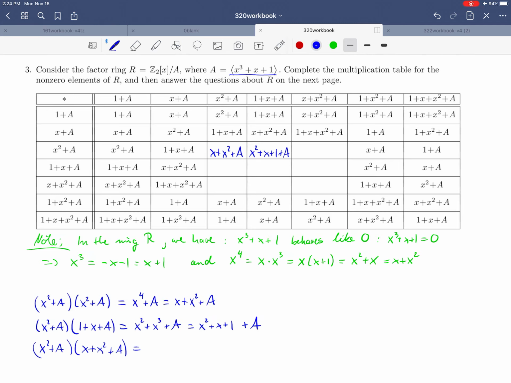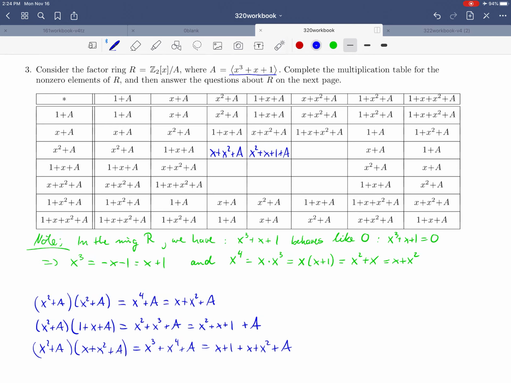So what if we take x squared plus a times x plus x squared plus a? That gives us an x cubed plus an x to the 4th plus a. But the x cubed we can replace again with an x plus 1, and the x to the 4th we can replace with an x plus x squared.